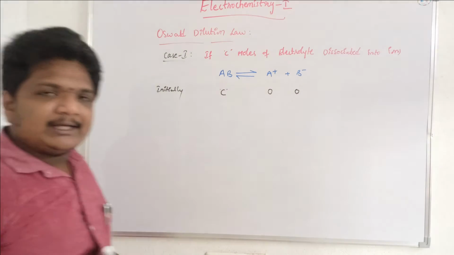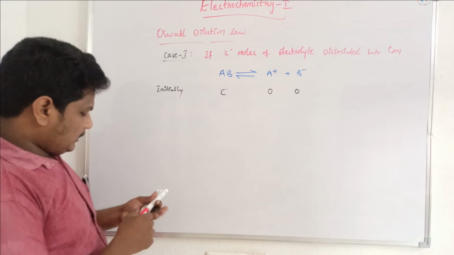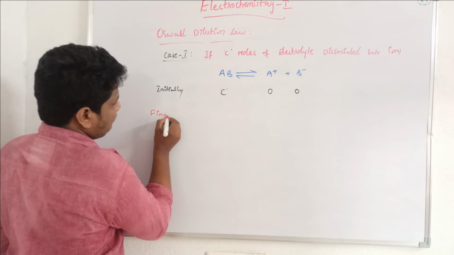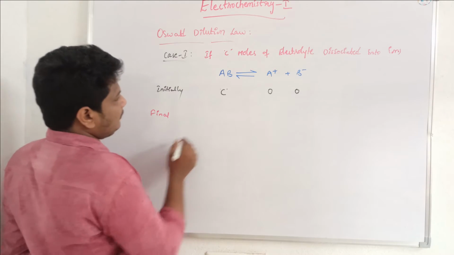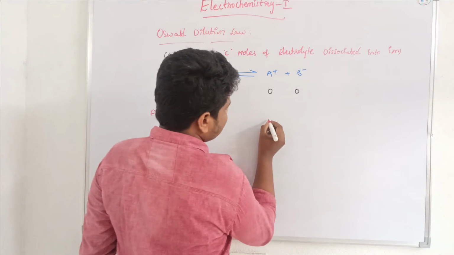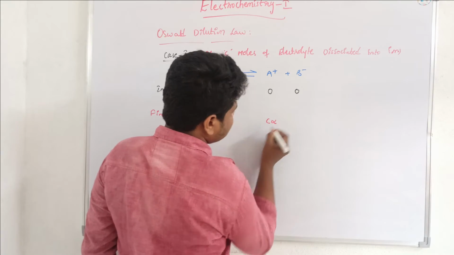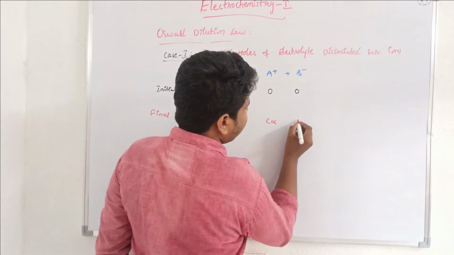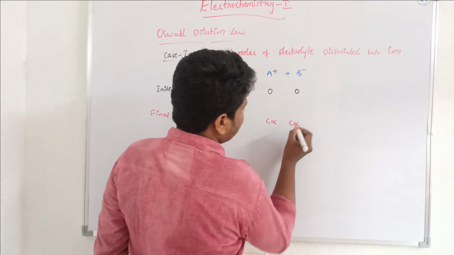After reaching equilibrium, in the final state, we can observe the concentration of the A plus ions is C alpha, and the concentration of the B minus ions is C alpha.